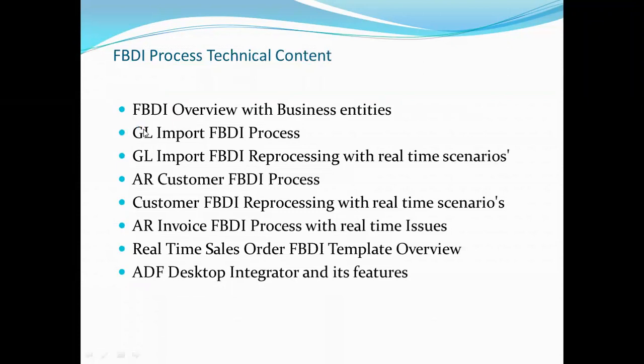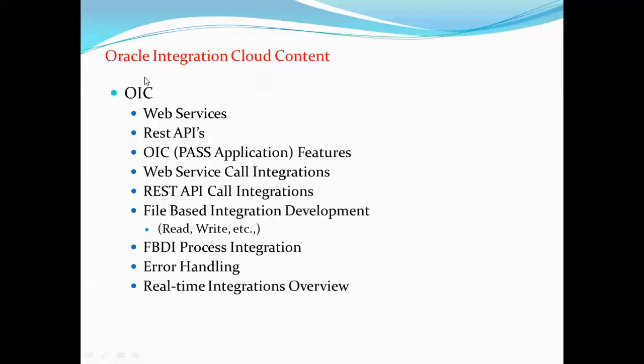If the client doesn't have the OIC feature, then the client is going to load the data manually by using the FBDI process. If the client has an OIC application subscription, that is, if the client has n number of source systems, obviously the client will take a subscription of OIC. At that moment, the same file-based data import is completely automated by using the OIC application. A complete automated feature.